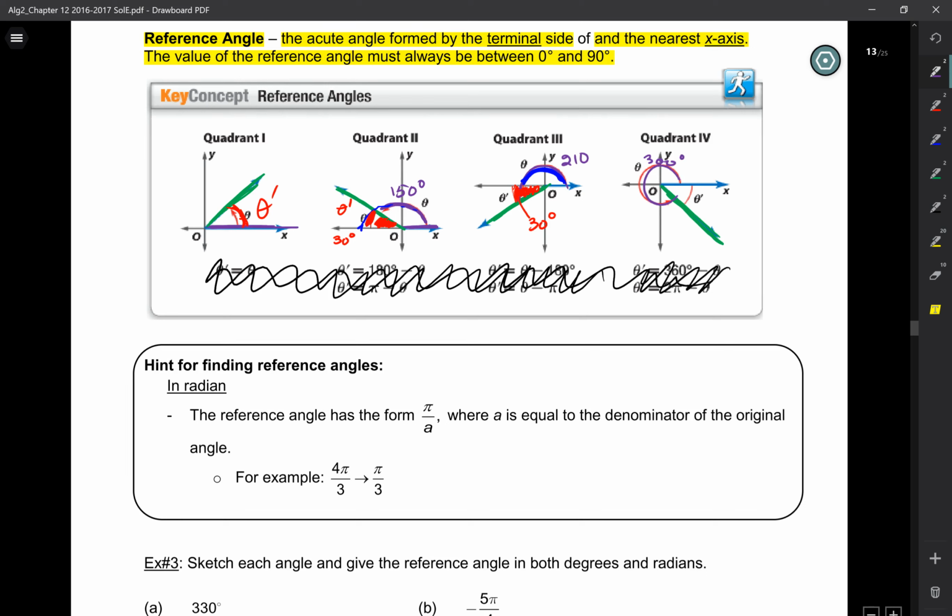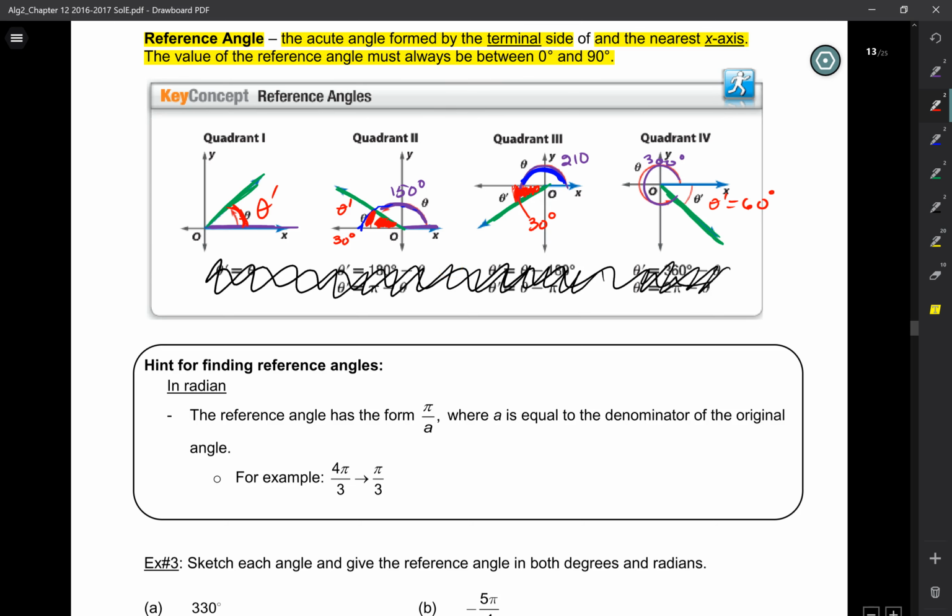Had I gone all the way, that would have been 360. But how much did I stop short? 60 degrees. So that reference angle, theta prime, is 60 degrees. So that's how we do it when it's in degrees.